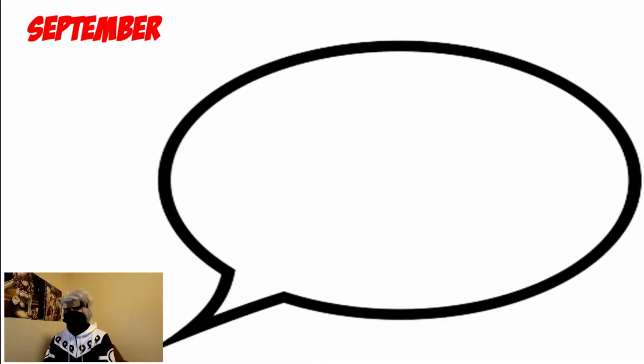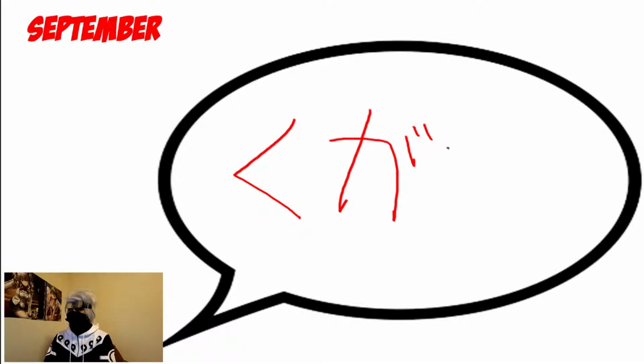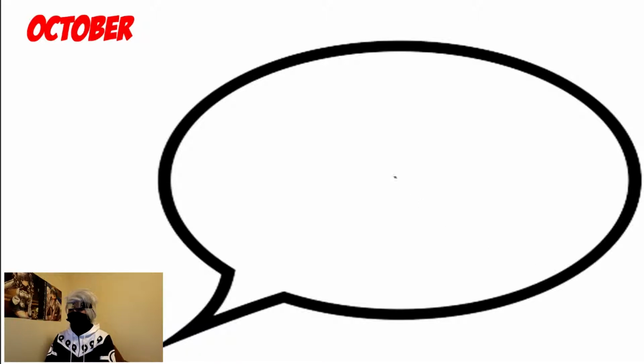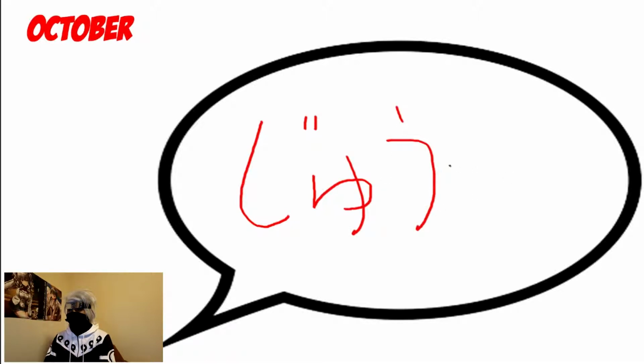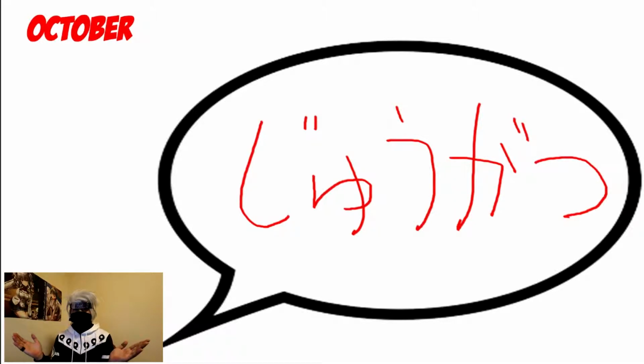What is September in Japanese? Kugatsu. October is jugatsu.